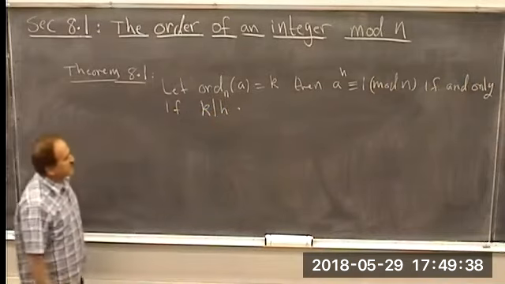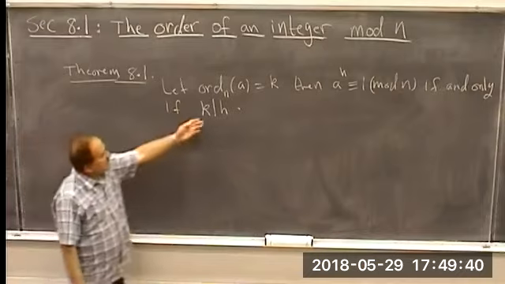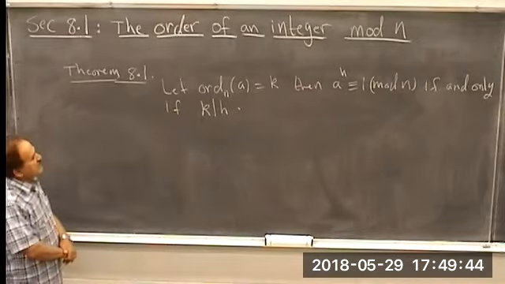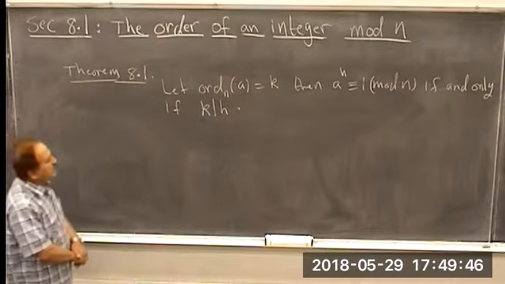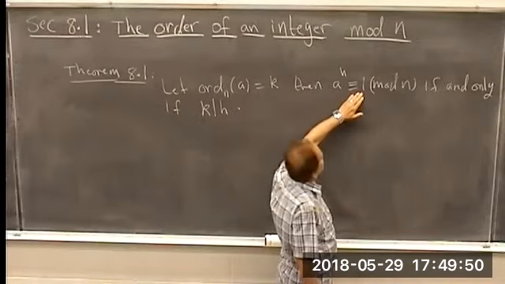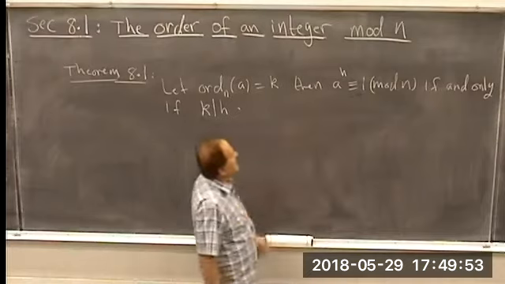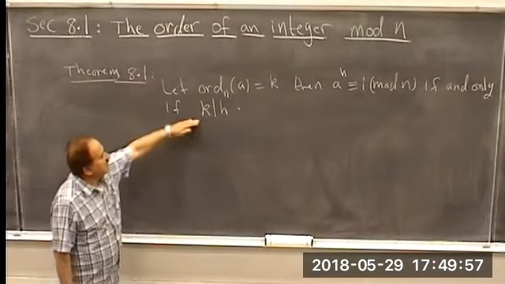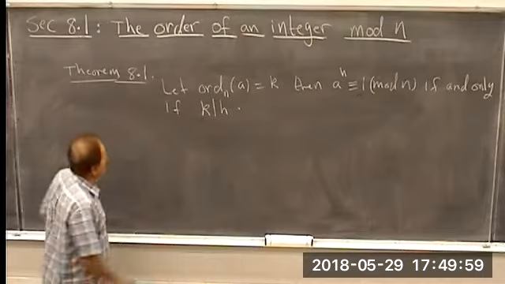In some sense, it reflects that k is the smallest. So if there is an exponent to which you raise A that gives you congruence to 1 mod n, then the order is going to be a divisor of this h.